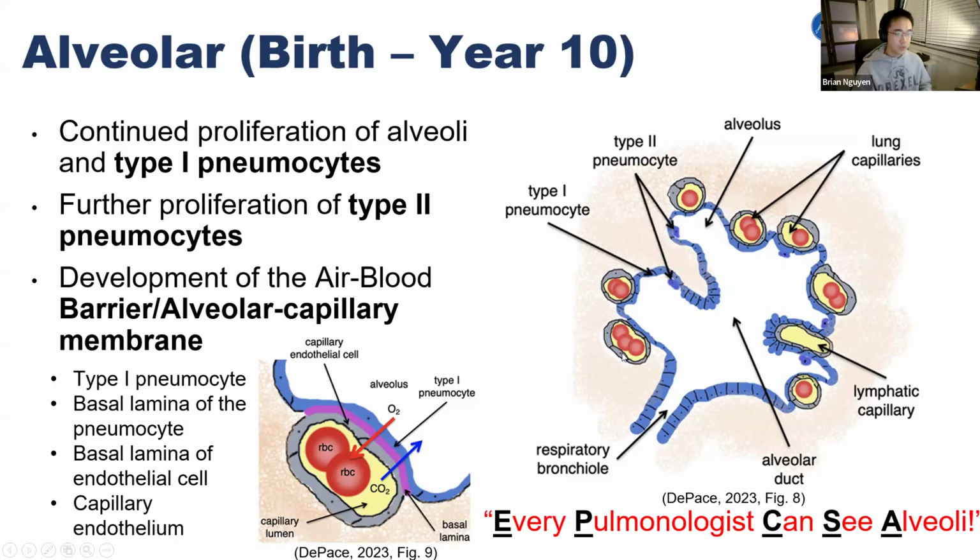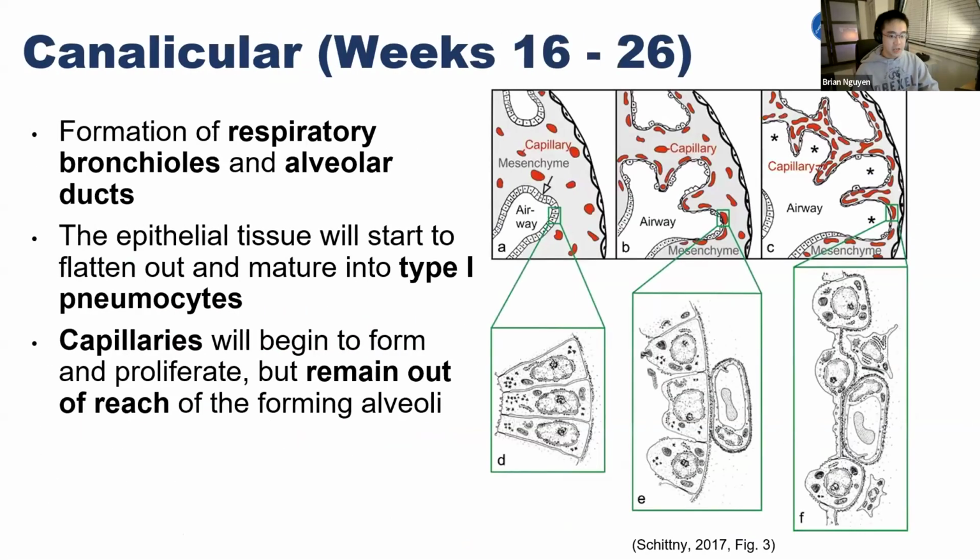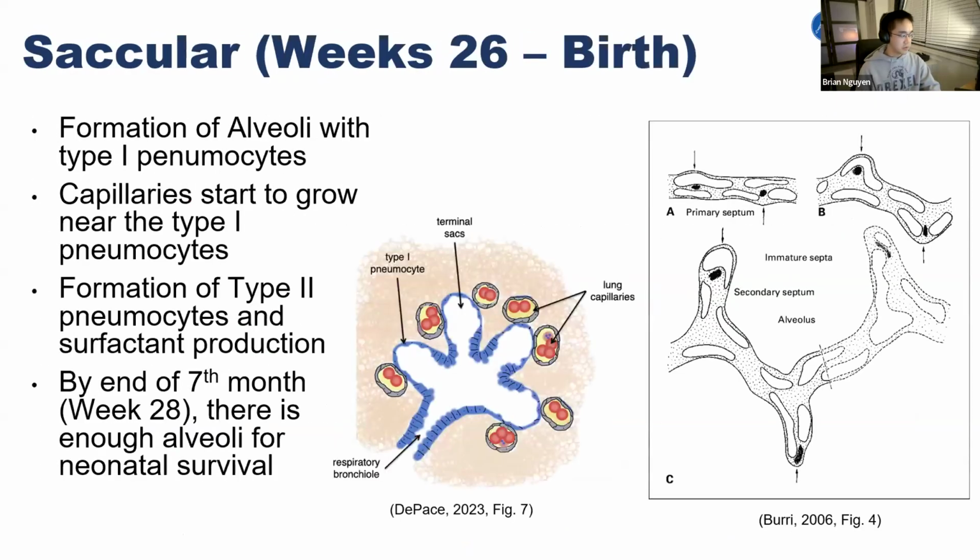Okay, so with that being said, I'm going to briefly go back because I wanted to mention what stage it would be if you were a newborn, or if you were born early term. You can actually be born early term around the 28th week. That's going to be the end of the second trimester. That's because that's going to have enough alveoli with proper air-blood barriers to conduct gas exchange.